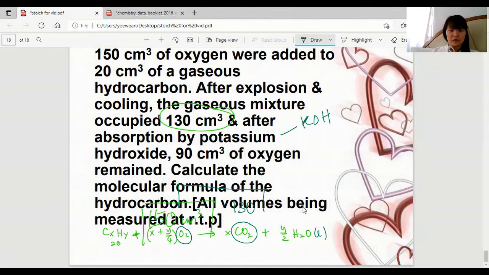And after removing that, we find that there is 90 centimeter cubes of oxygen left over. So out of that original 150 centimeter cubes of oxygen, 90 was left behind, as in it's in excess, there's too much oxygen, not all has reacted. So we actually only used 60 centimeter cubes.